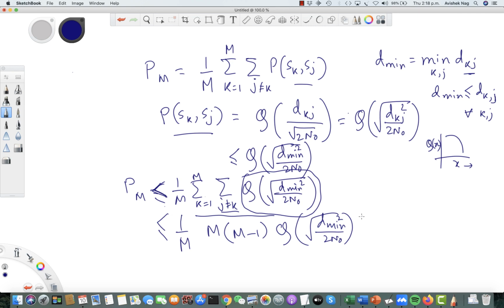Then this M cancels, so the probability of error of an M-PSK system is less than or equal to this value.